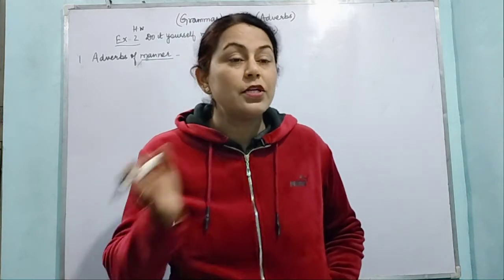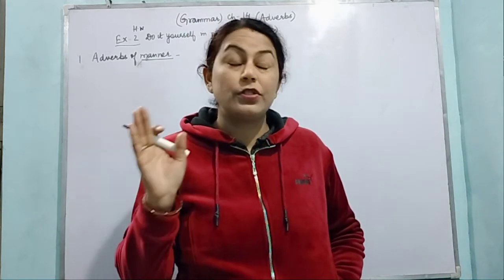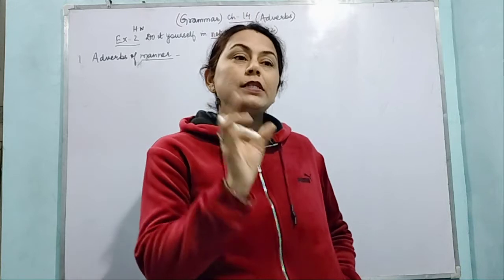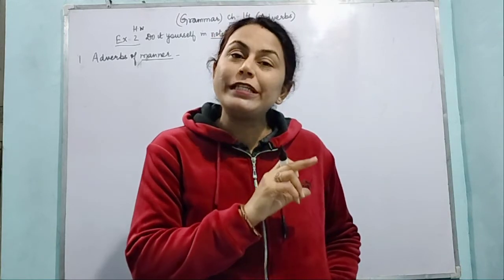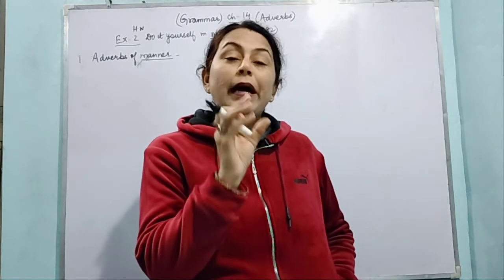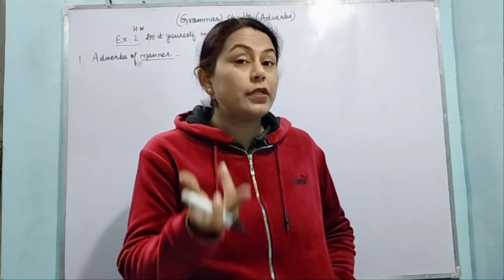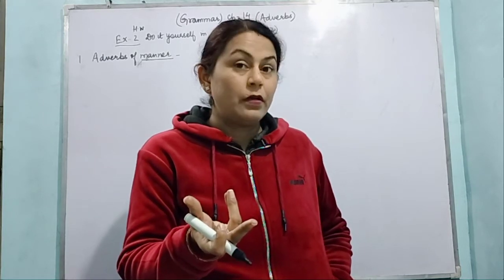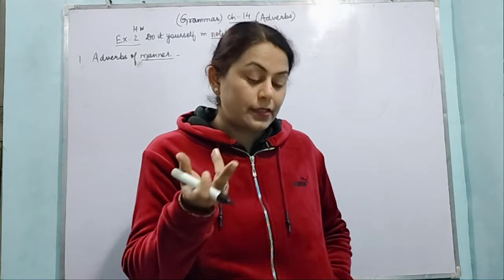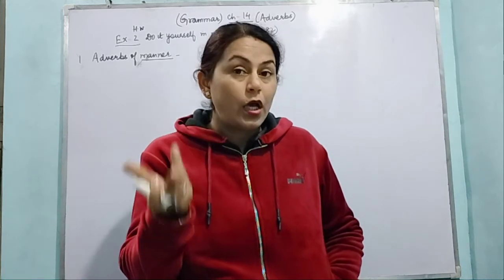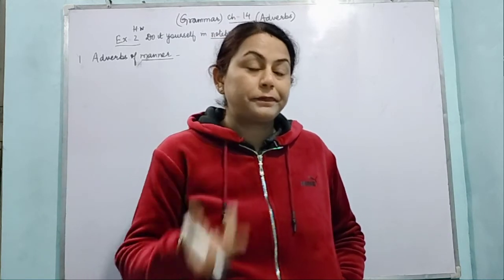How she danced melodiously, she danced beautifully, means it is telling you the manner in which she danced. So it tells the manner, आपको बताता है कि action कैसे हुआ, in what manner the action has done. It answers the question in what manner.